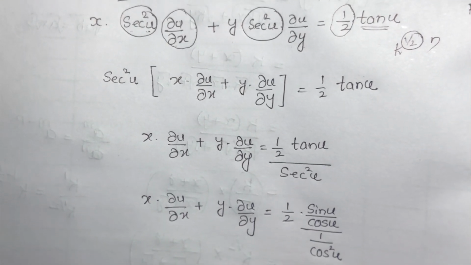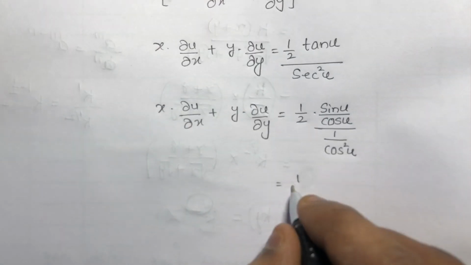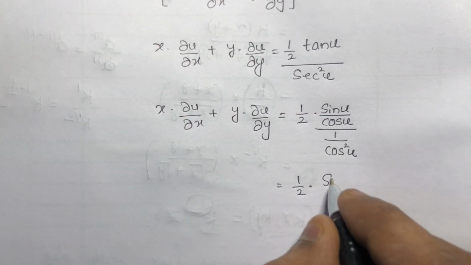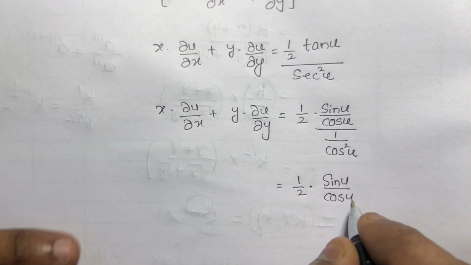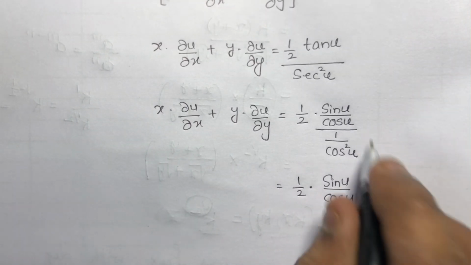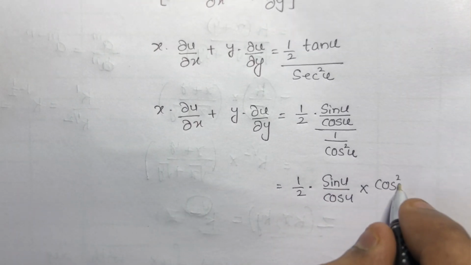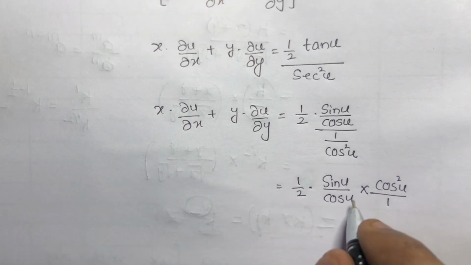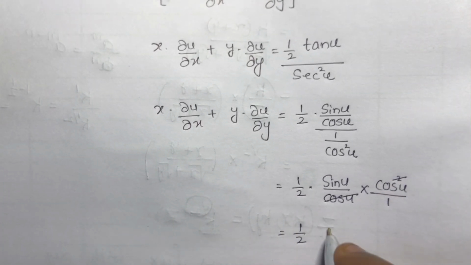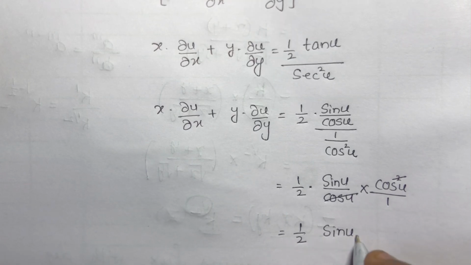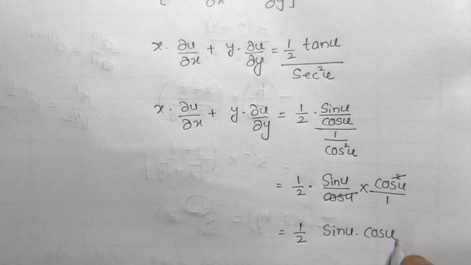Then this part can be simplified as 1 by 2 into sin u by cos u. If you reciprocate it, it becomes cos square u by 1. So one cos u and cos u cancel. So the answer is 1 by 2 sin u into cos u.